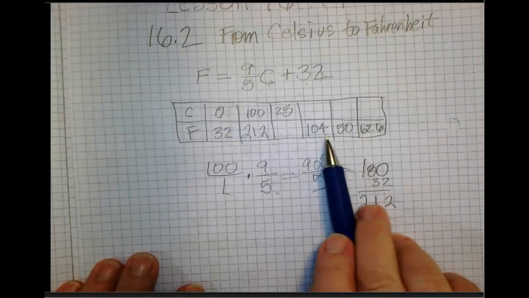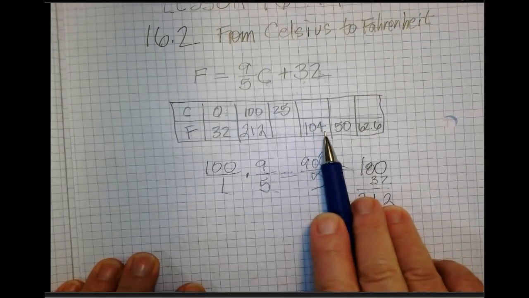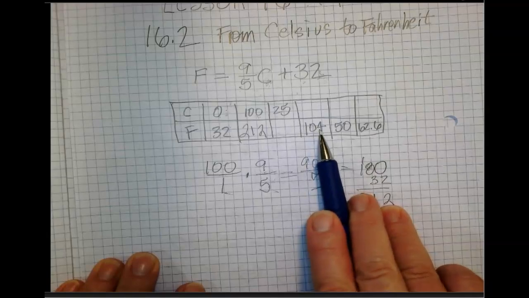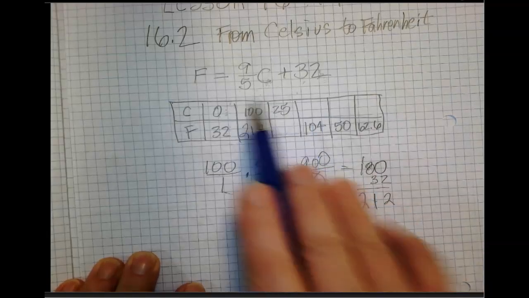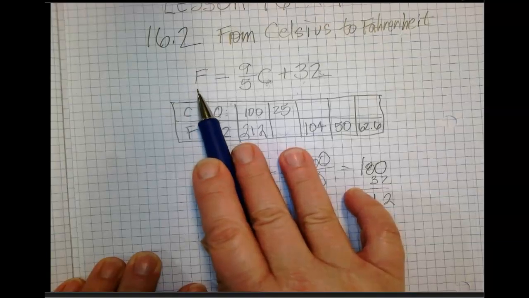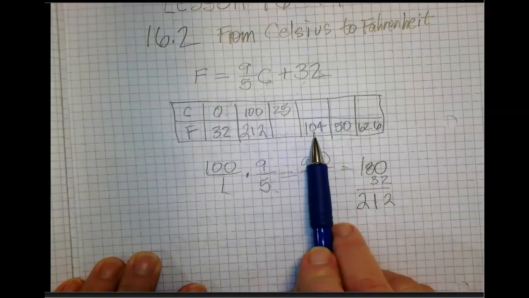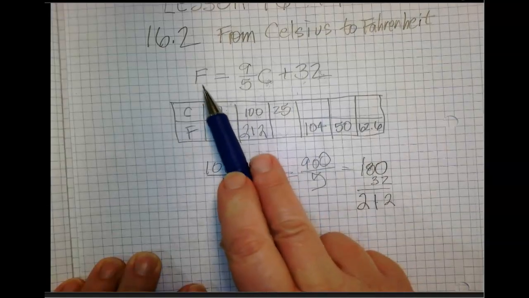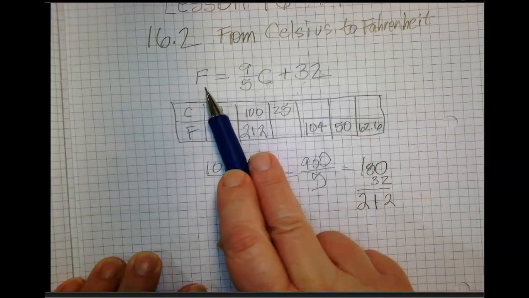So let's skip over here for when they give you Fahrenheit. Okay, so here they're giving me Fahrenheit. So I'm going to take this 104 and I'm going to put it right there.